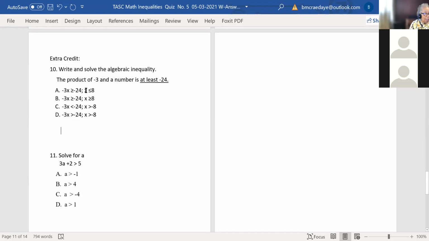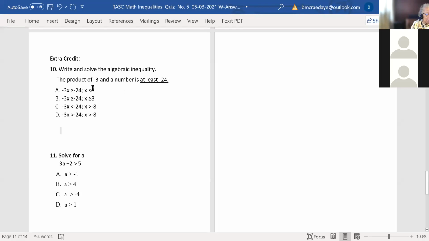But you've got to look at this: X less than or equal to 8. Now, if you put that 8 in for the X, does it satisfy this greater than or equal to? If it's less than, it's got to be A then. It's got to be A.